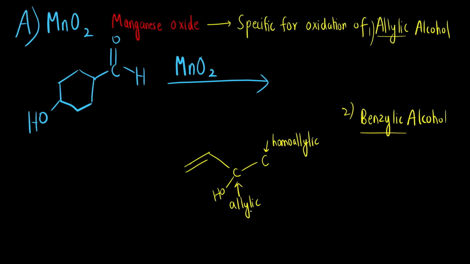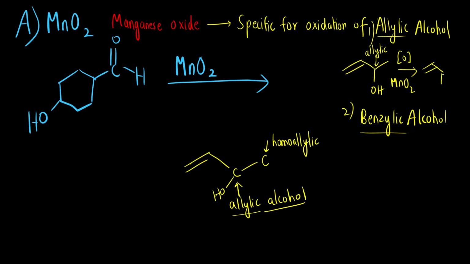If OH is present at the allylic position, that is called allylic alcohol. For example, this is an example of allylic alcohol. This is the allylic position. The carbon just next to the double bond is the allylic position, and an alcohol attached to the allylic position is called allylic alcohol. If I do oxidation using MnO2, this will be oxidized to form a ketone.